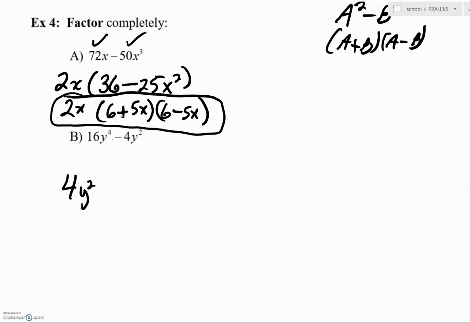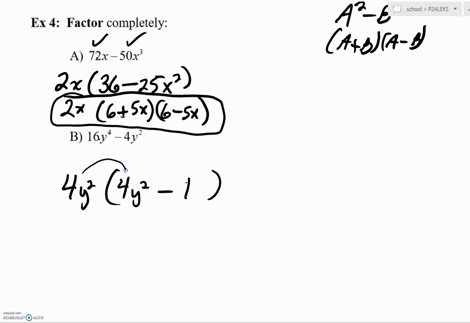I can't take 4 y's away from the last term. I can only take 2 y's away, y squared. And then as I divide that out, 16 divided by 4 is a 4. I had y to the 4th, but I'm taking 2 away. I'm left with y squared. Ooh, what's left here? I'm dividing a 4y squared by a 4y squared. I'm left with a 1.